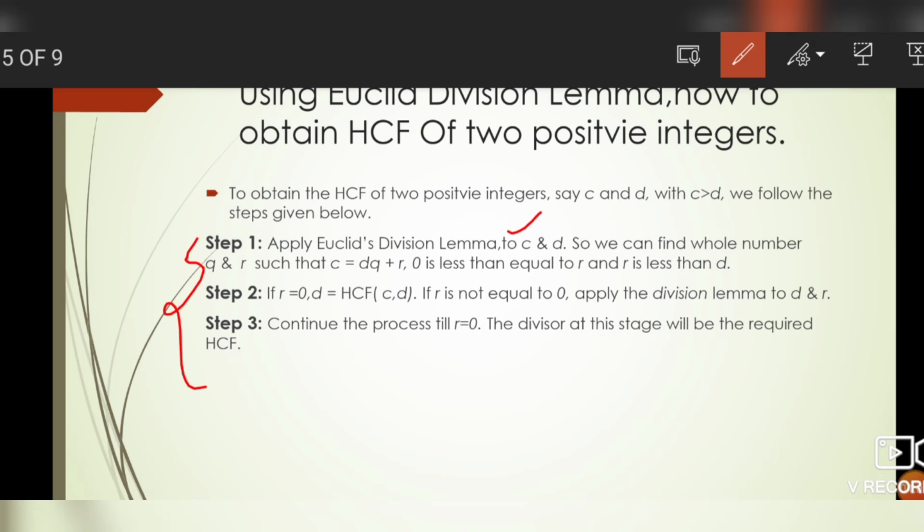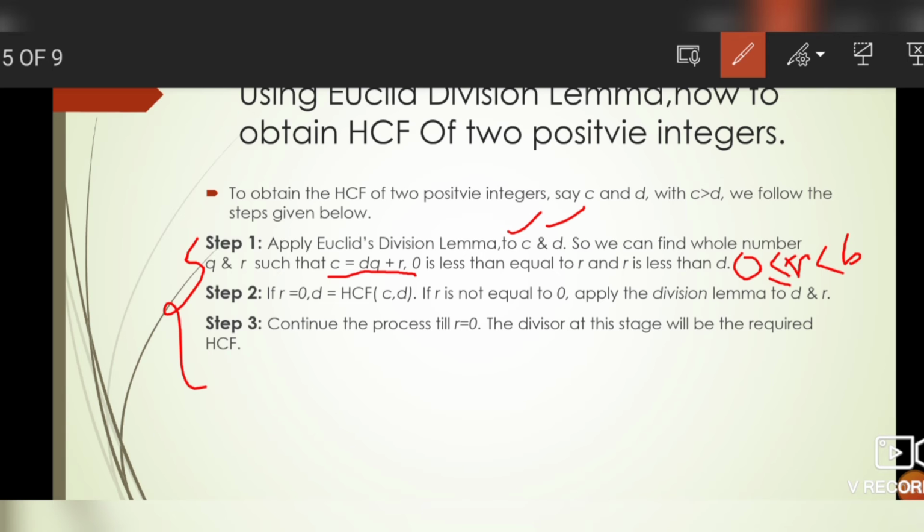We have to express these numbers as c is equal to dq plus r. Here q is the quotient and r is the remainder. The restriction for r remains, that is 0 less than or equal to r, less than d. This condition is always there whenever we apply Euclid's division lemma.